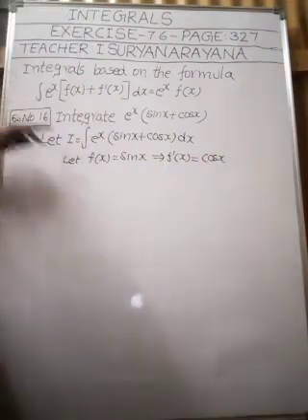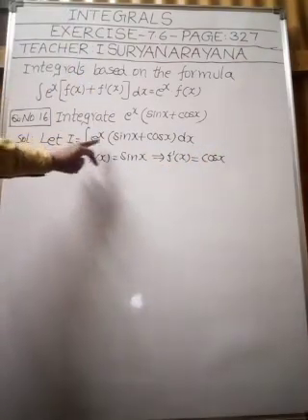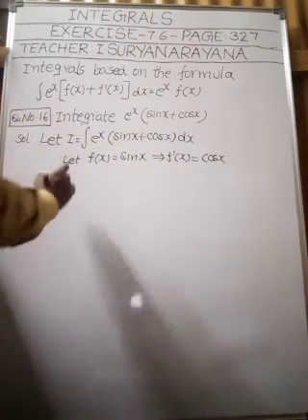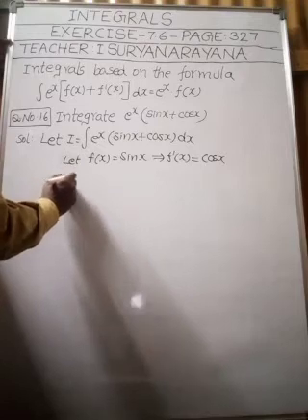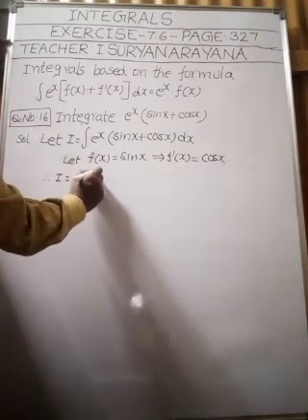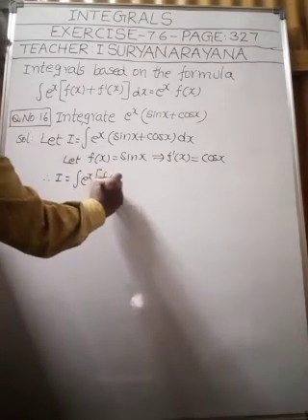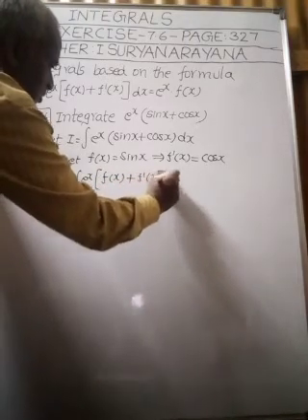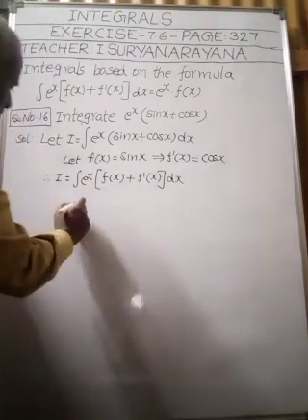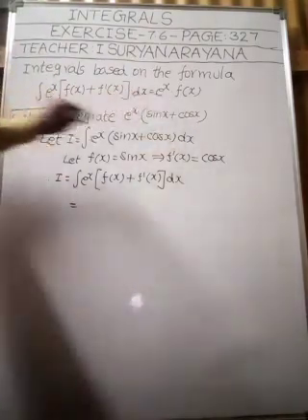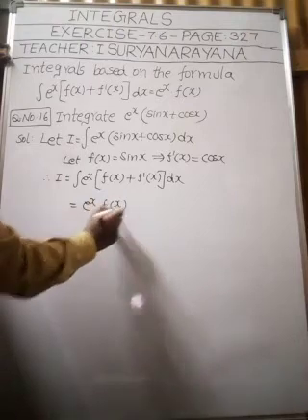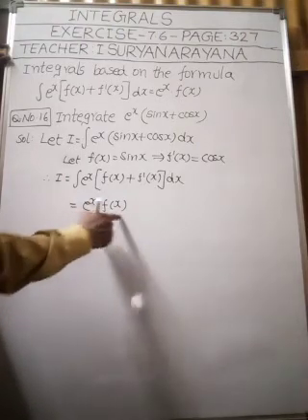So the given function is in the form of integral e power x into f of x plus f dash of x dx. Therefore, I is equal to integral e power x into f of x plus f dash of x dx. Then what is the formula? e power x into f of x. Okay, my children, understood this step?